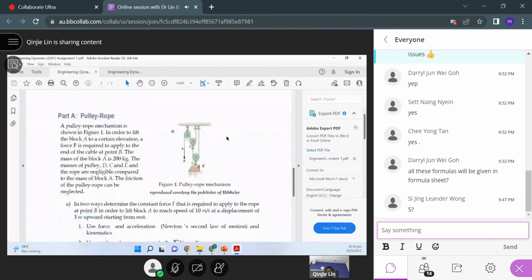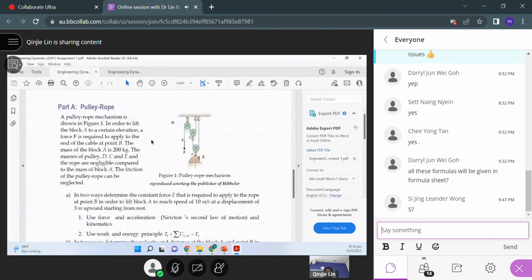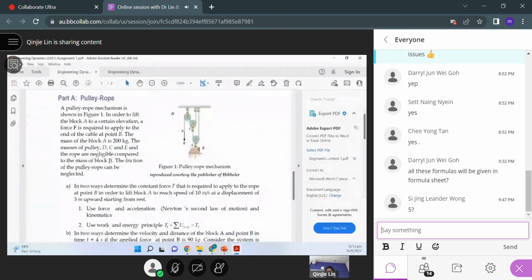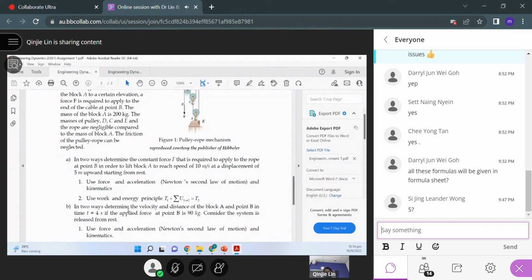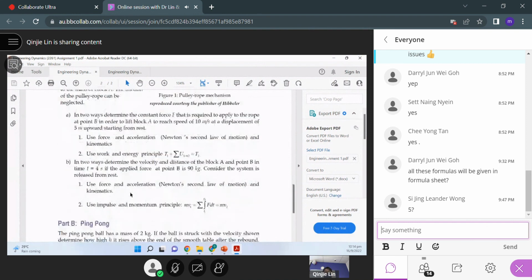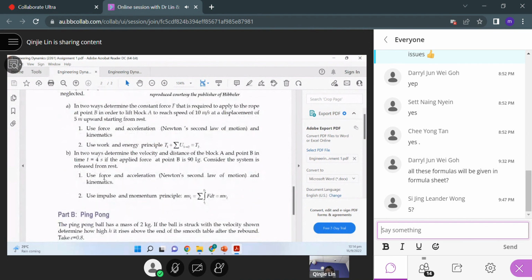So you will have a question something like this. This is a pulley. You will know how to do this after today. Of course, maybe some of you already know, but we haven't covered all these forces yet. They ask you in 2 ways: find whatever you need using the force and acceleration method, then also the work and energy principle method. And they also ask you to use the impulse and momentum principle to find it.